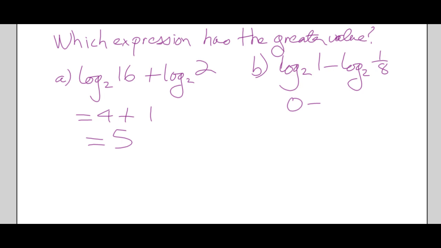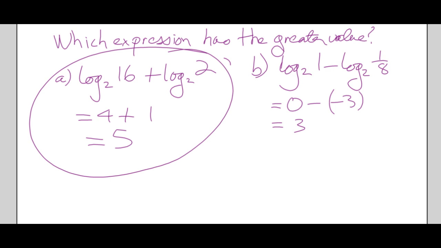I think we did this like a page ago, so just look back in your notes. What does that evaluate to? -3. What's 0 minus -3? +3. Which one's bigger? 5 is bigger than 3. Okay. So we evaluated two expressions. That'd be a good test question, right? You do like 4 different expressions like this and say put them in order.